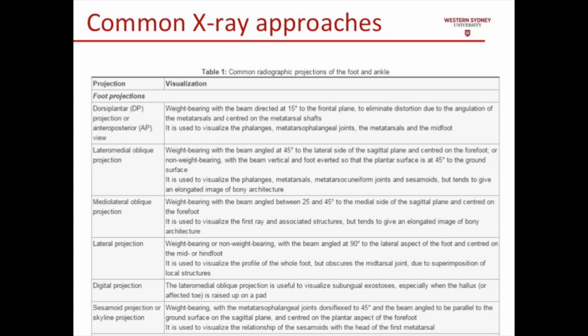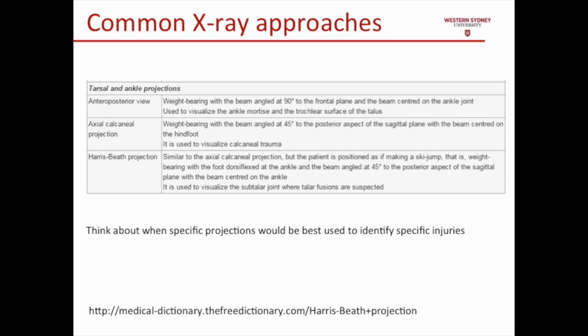This slide shows a summary table of some of the common radiographic projections of the foot and ankle, which may be useful when you need to refer a patient for an X-ray. What you will need to do is think about the specific projections that would be the most appropriate to identify specific injuries or get the best visualization of specific structures.